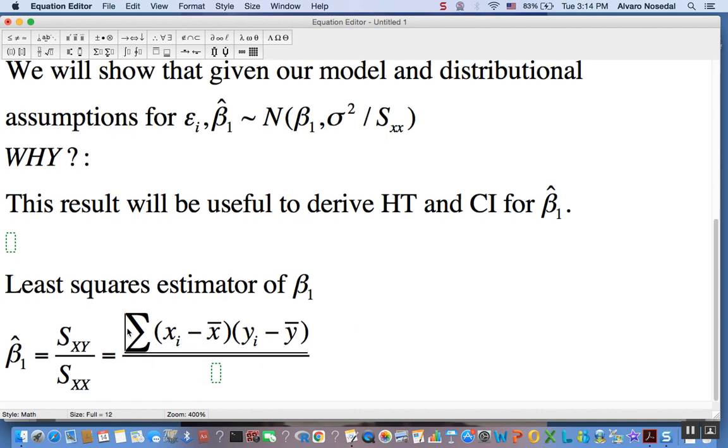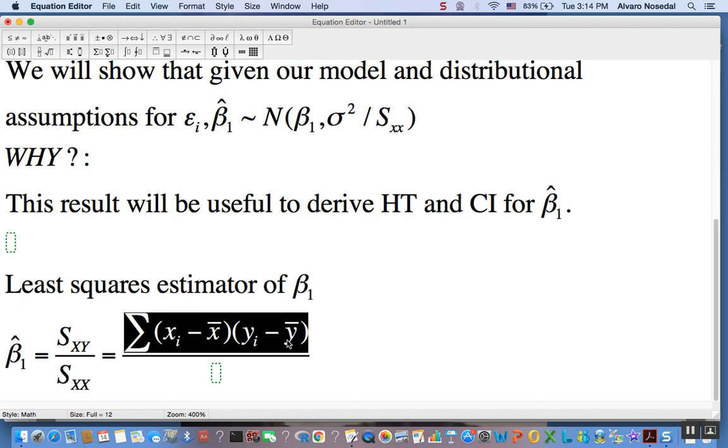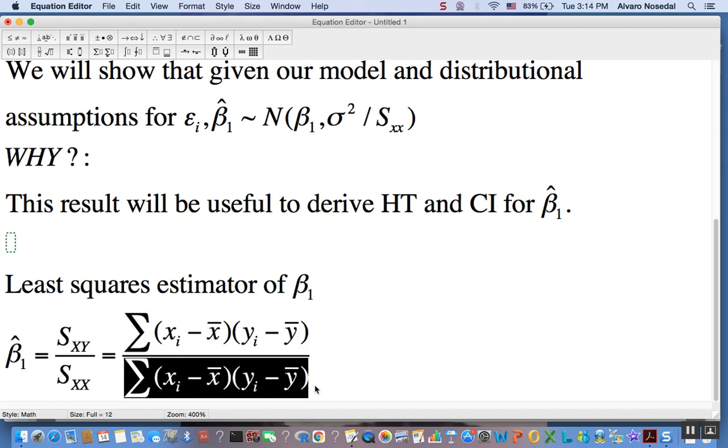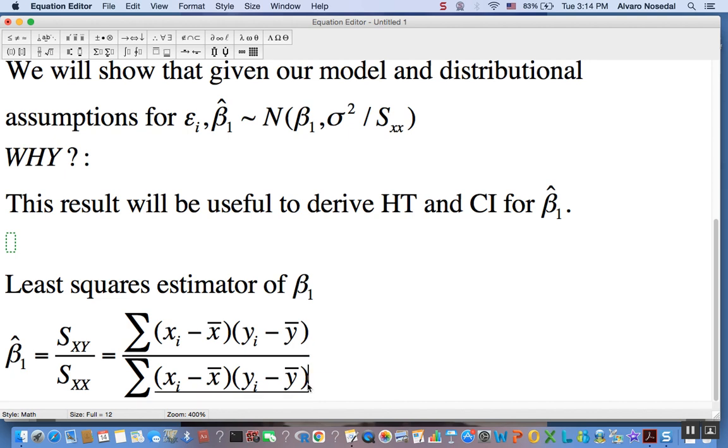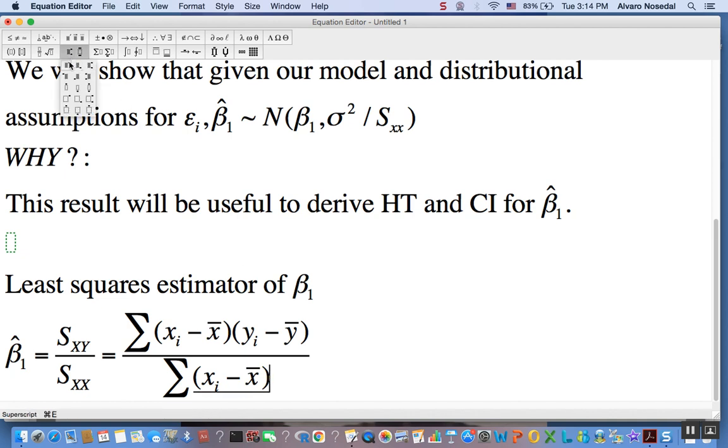And then we have something similar. We don't have y's here. In this case, we have a square. Make sense? So this kind of notation allows you to easily remember these expressions, right?